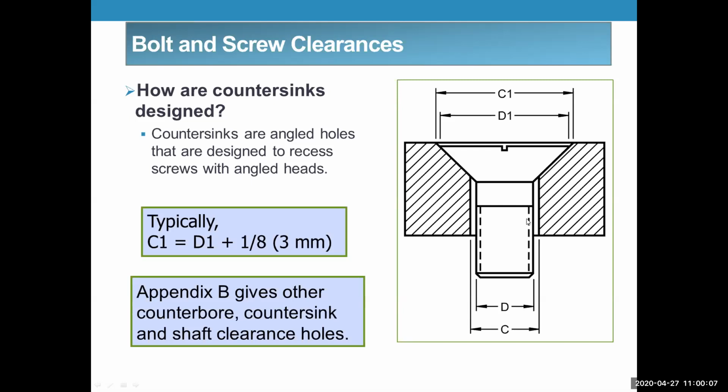So regardless of how much clearance you have here, if the angled part of the countersink were offset from the center of the clearance hole portion, then it could conceivably upset the location of this fastener within this part.